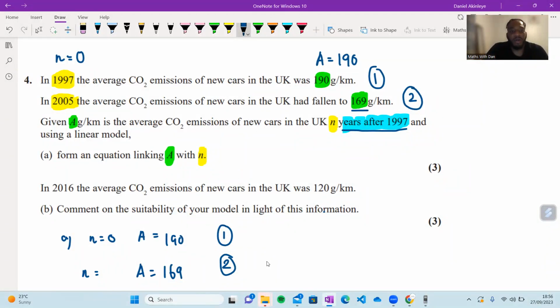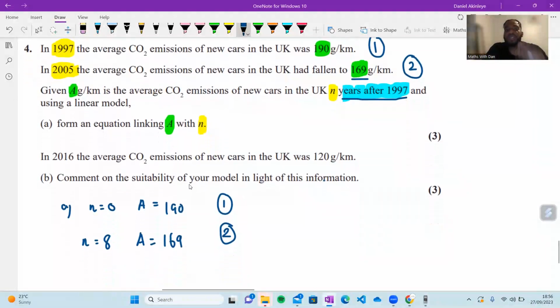Exactly. Fantastic, Rihanna, well done. It's going to be 8, because that's just 8 years after 1997. So N is equal to 8. So you've got two pieces of information now. Now you can just do the exact same things we were doing. Remember, we've got N and we've got A.